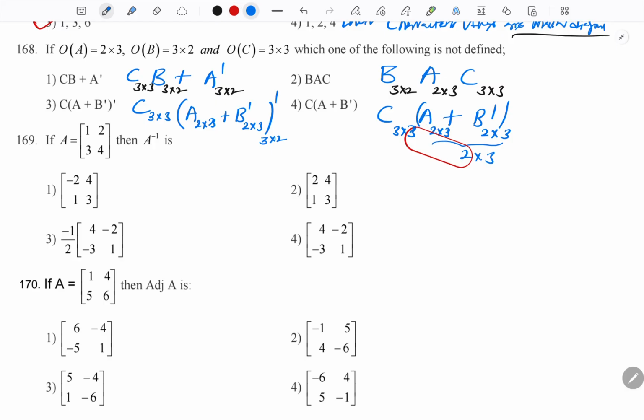Now see, these two are the same, but for the product they are not the same, so that's why we can't do this one. I mean, not defined, they're asking for the not defined one, right? So which one is not defined? Option 4.